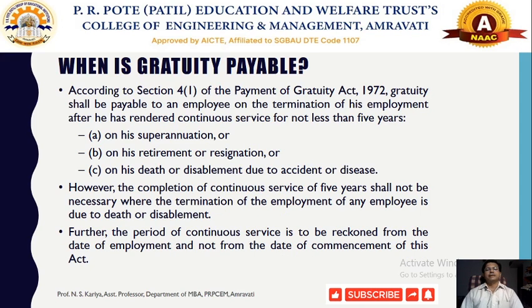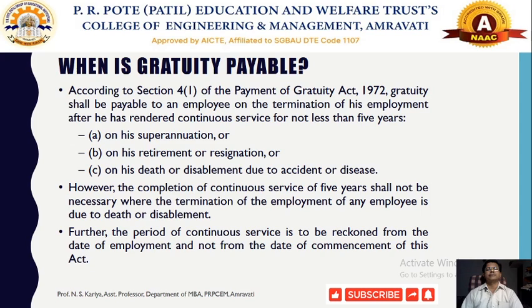Now, when the gratuity is payable, there are three basic conditions on which the individual employee will be entitled to the benefit of gratuity paid by an employer. According to section 4(1) of the Payment of Gratuity Act 1972, gratuity is payable to the employee on the termination of his or her employment.